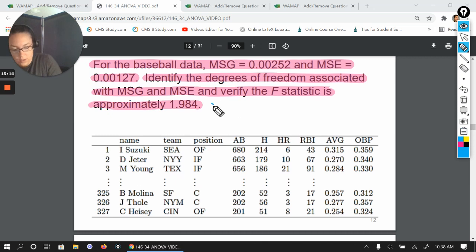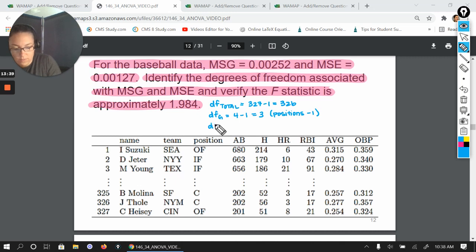Okay, so the degrees of freedom total will be the sample size, 327, minus 1, which is 326. The degrees of freedom for the groups will equal the number of groups, which is 4, minus 1, so that equals 3. So again, this is the number of positions minus 1.